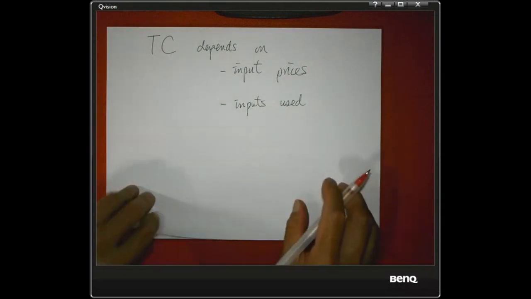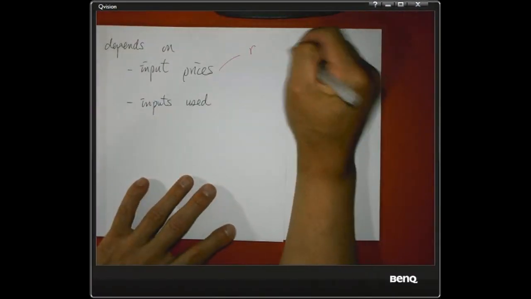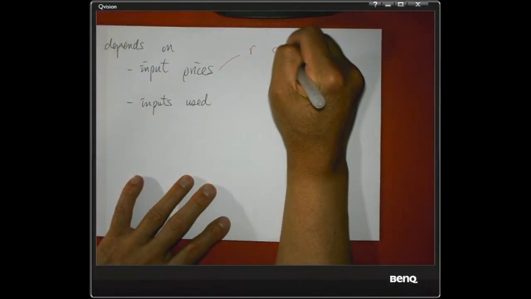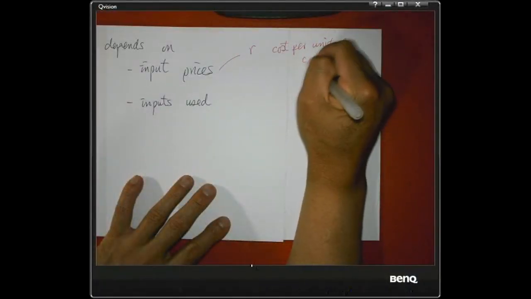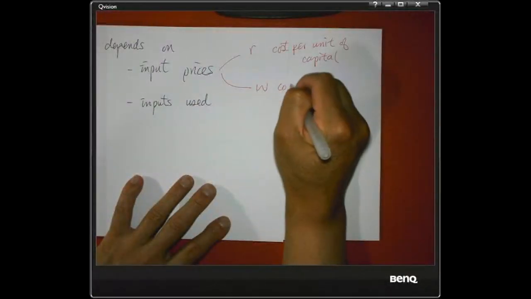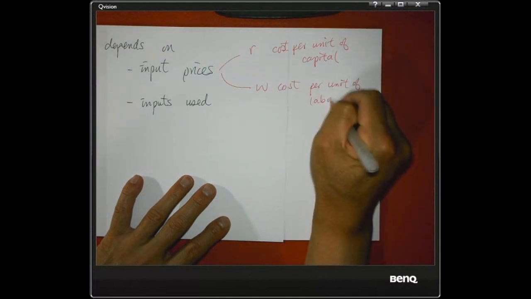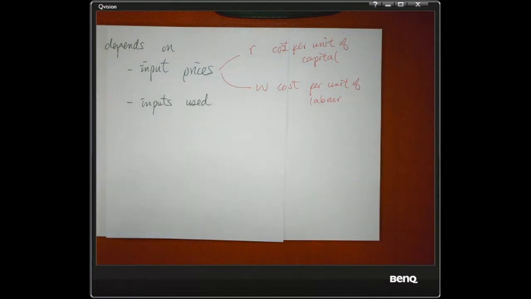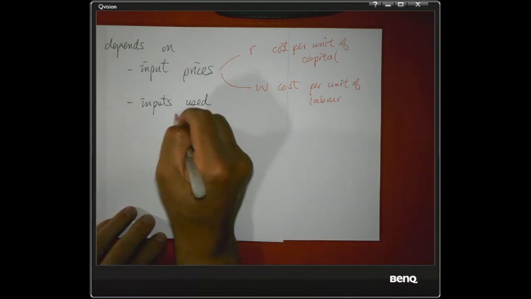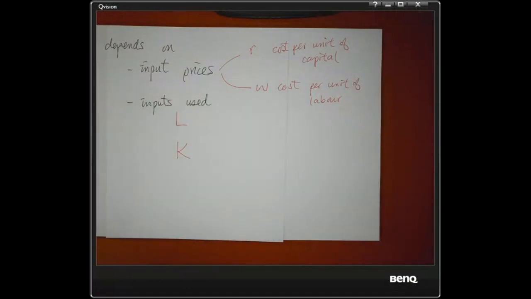And input prices: small r is the cost per unit of capital. Small w is the cost per unit of labor. And input use is how much labor you use and how much capital you use.